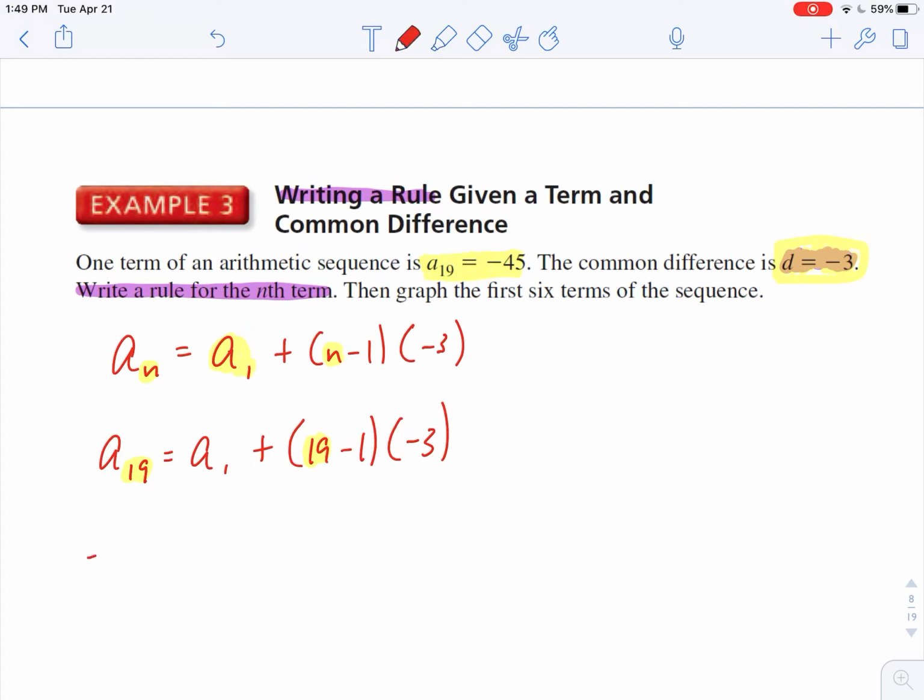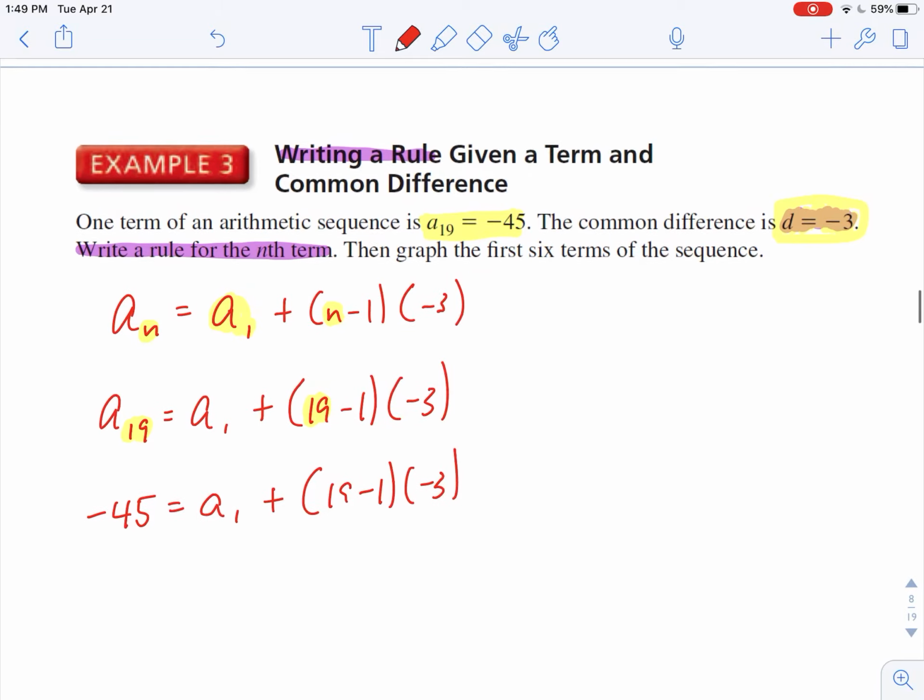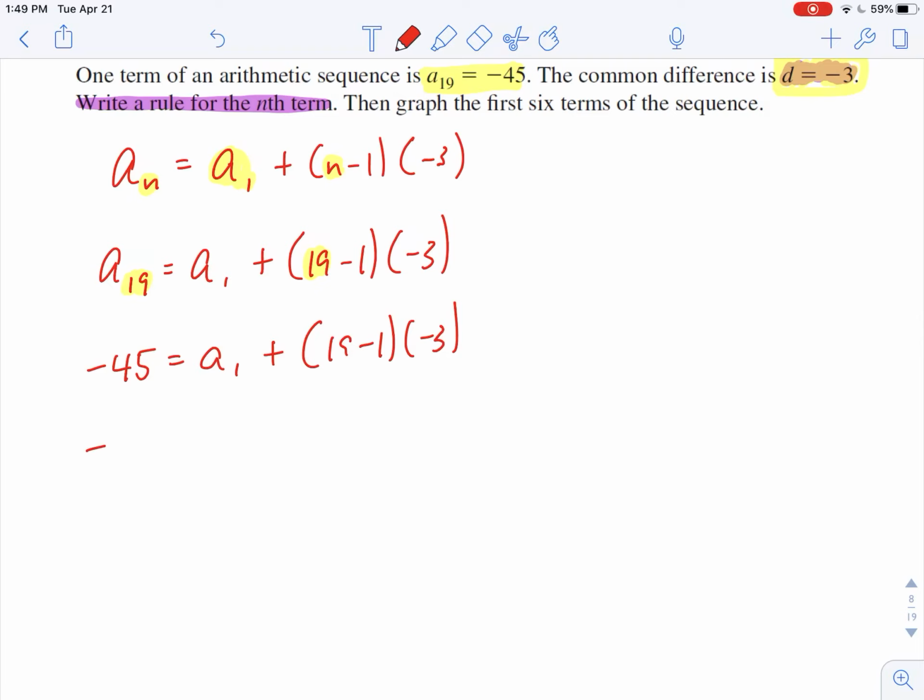So I can rewrite this and say negative 45 is equal to a sub 1 plus 19 minus 1 times negative 3. Well, what do you know? Good news, we only have one variable. So negative 45 is equal to a sub 1 plus 18 times negative 3. And of course, 18 times negative 3 gives me negative 54.